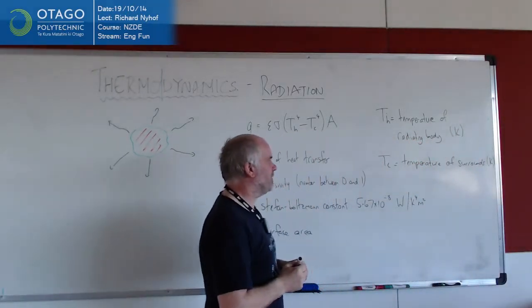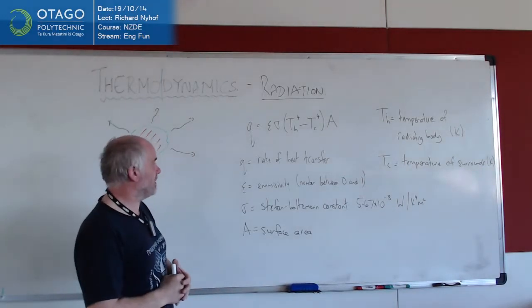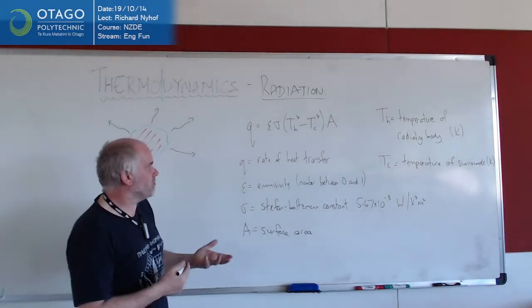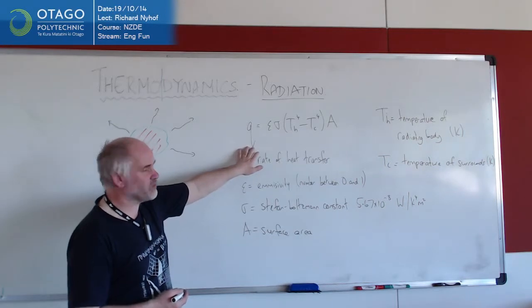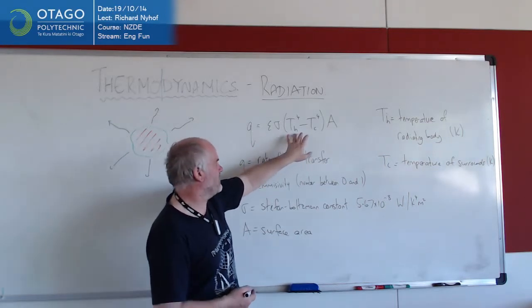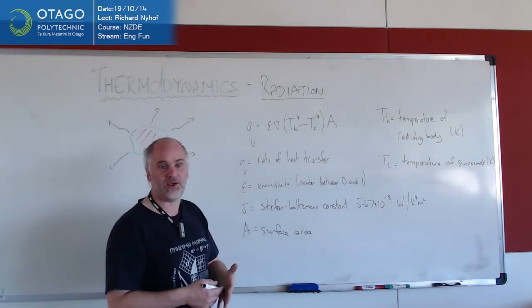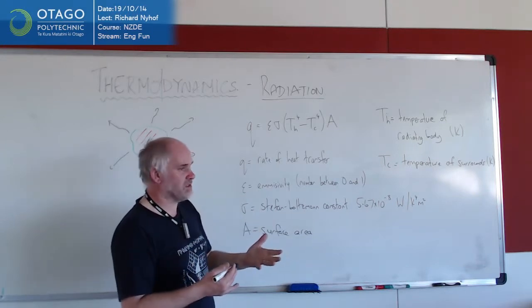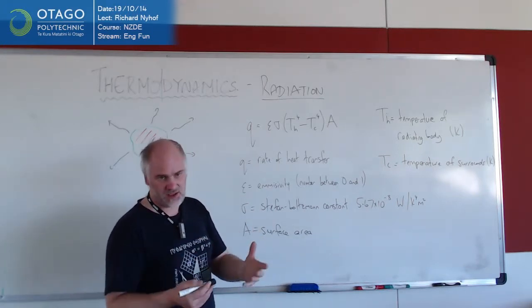Okay, so we have this idea of being able to figure out how much heat energy is being given out by a body as long as we know these things. And we can do calculations going the other way. If we want to limit the amount of radiation to a particular amount, then we know the temperature inside and outside. So we could be thinking again about trying to insulate a home or a building and figuring out: the temperature of the house is going to be 25 degrees, the outside temperature is going to be 10 degrees.